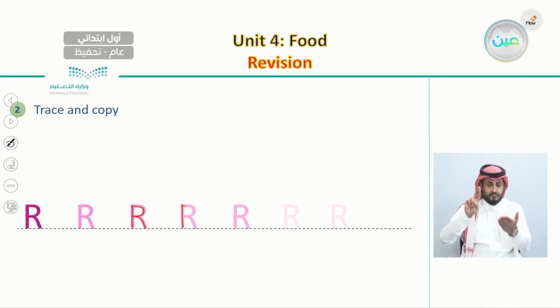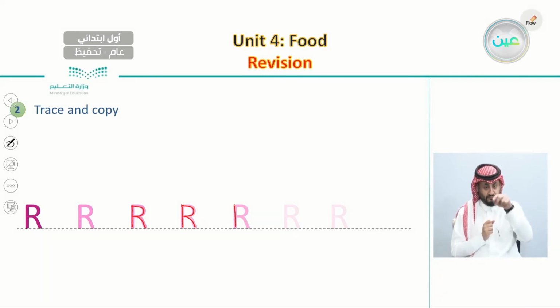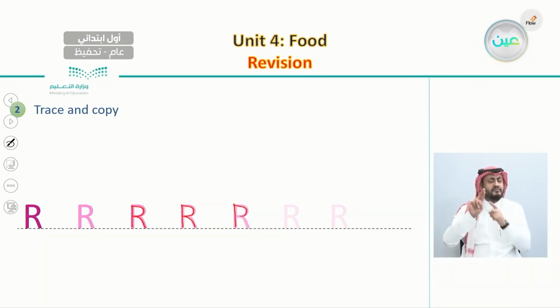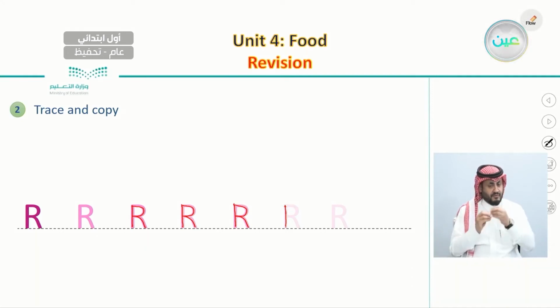We said that a rabbit is a very well-known animal. Can you think of any word that starts with the letter R? We have the color red. We learned that the color red starts with the letter R.